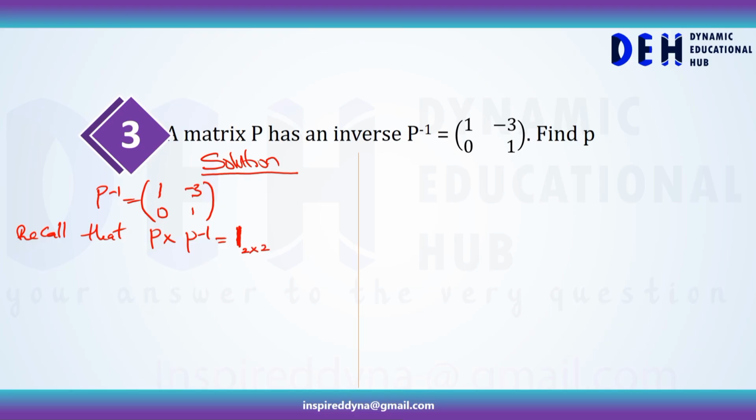So P will also be 2 by 2. We don't know the value of P, so let's say P is equal to [A, B; C, D]. We already know the value of P inverse.